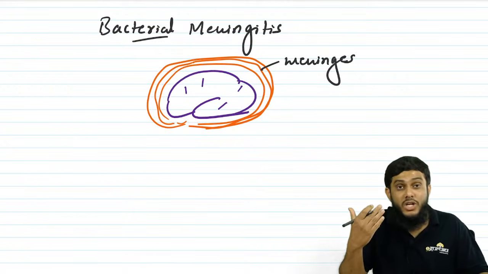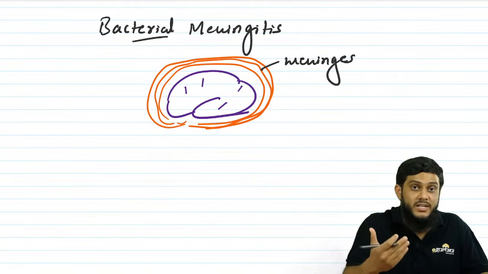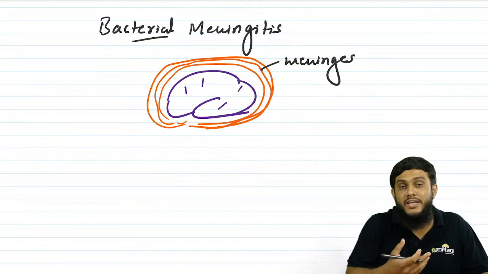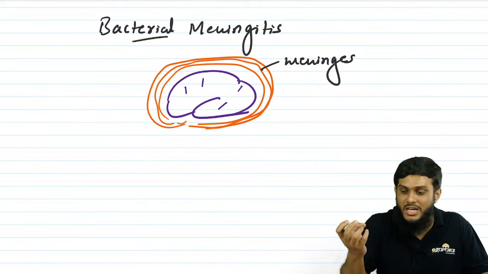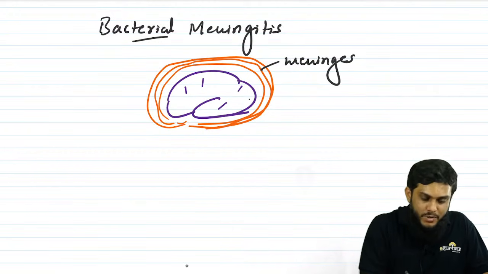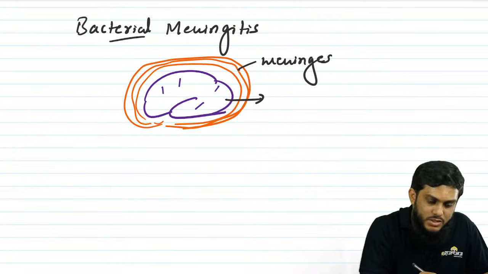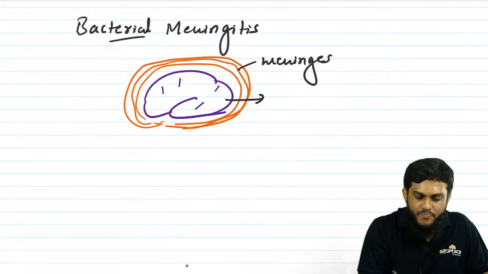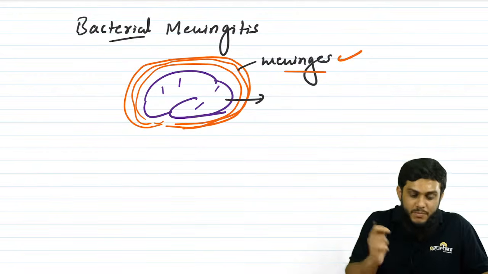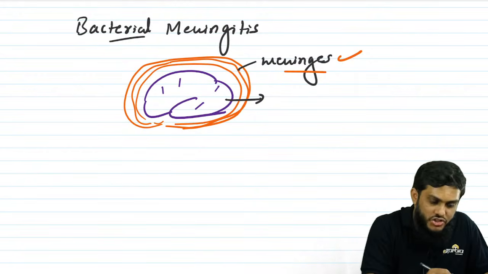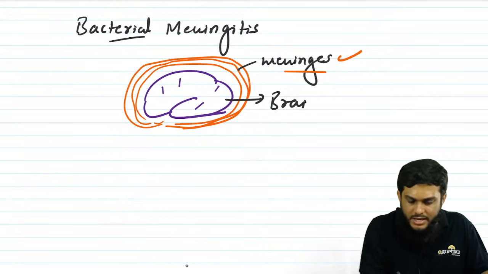The outer layer is dura mater, the middle layer is arachnoid mater, and the inner layer is pia mater. These 3 coverings are known as meninges. The inflammation of meninges is known as meningitis, whereas inflammation of the brain is known as encephalitis.